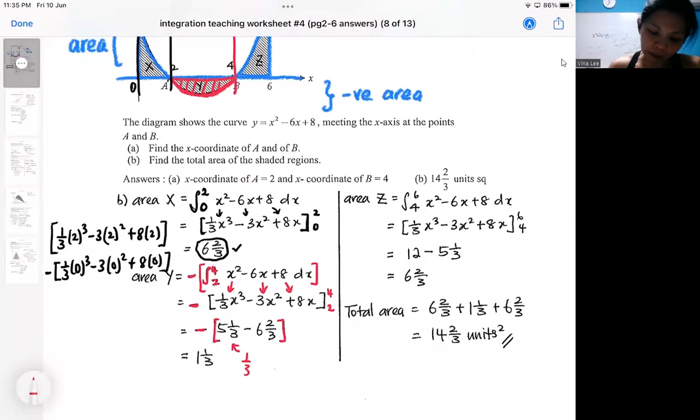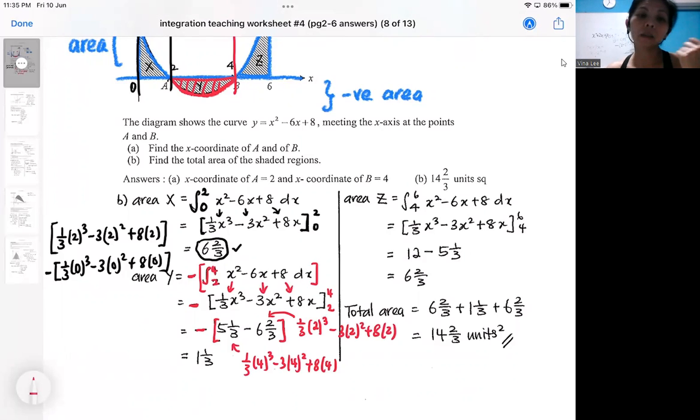This one is how I get this: I get it from substituting 4. And this part I get from substituting 2. You can punch the calculator to see whether it is true or not.